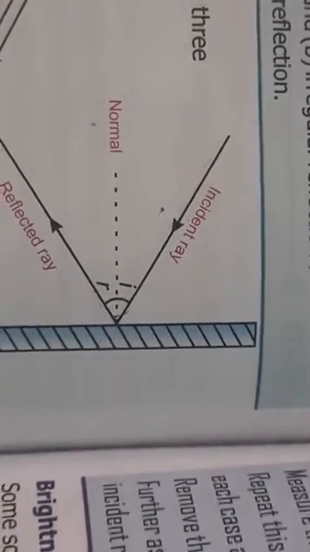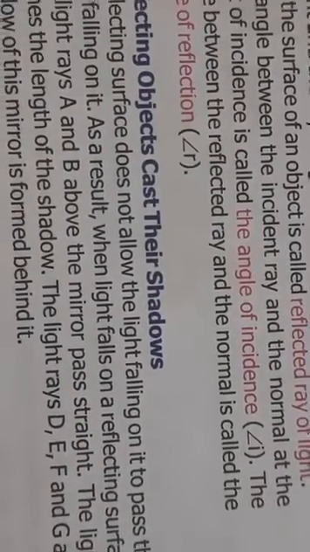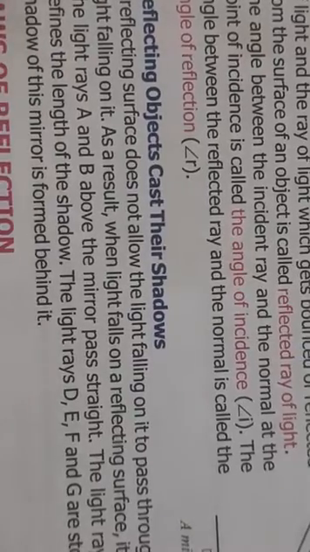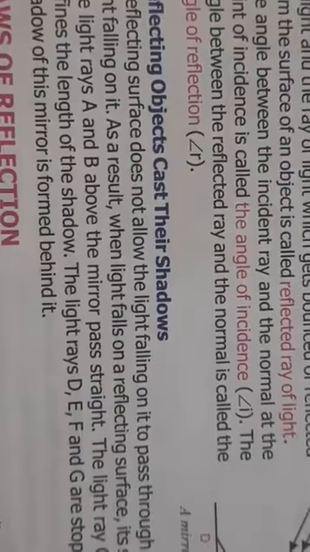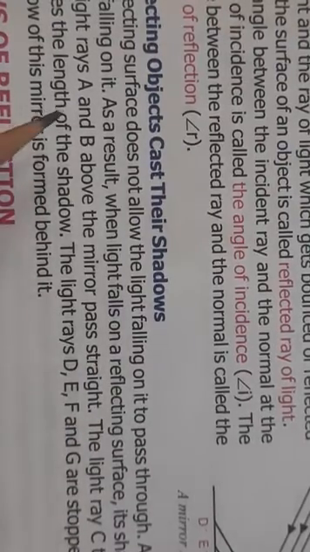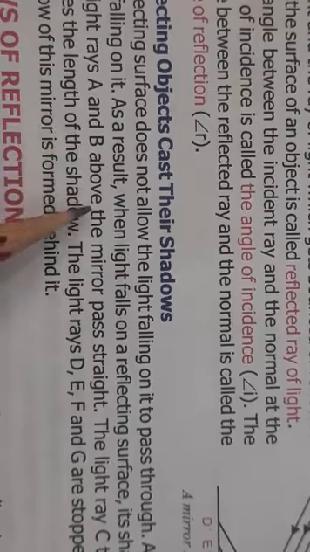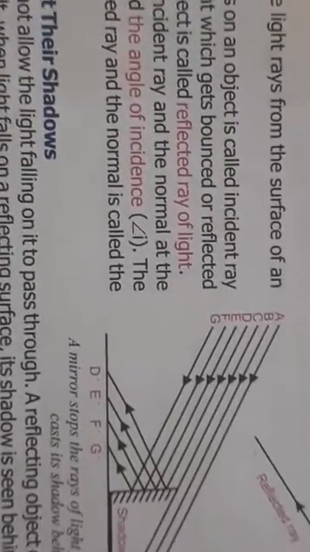Now reflecting objects, you all know, can cast their shadows. A reflecting surface does not allow the light falling on it to pass through. A reflecting object does not absorb light falling on it. So when light falls on any reflecting surface, its shadow can be seen behind it.